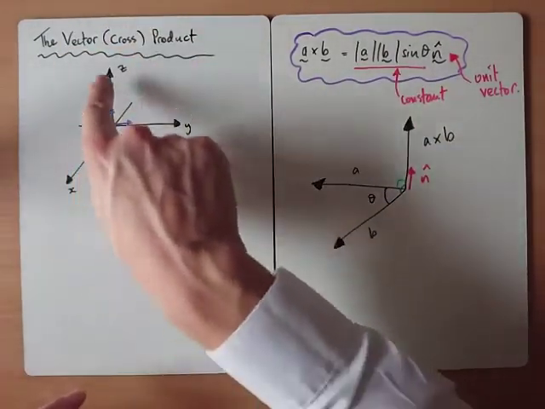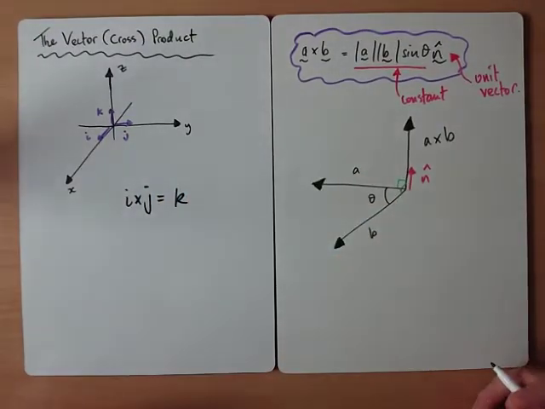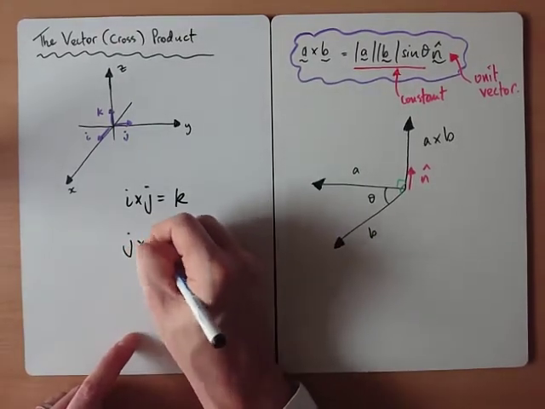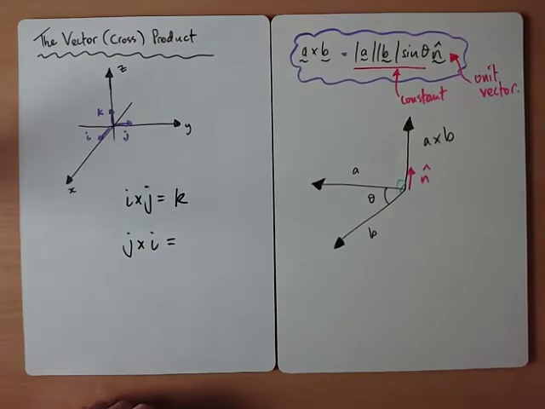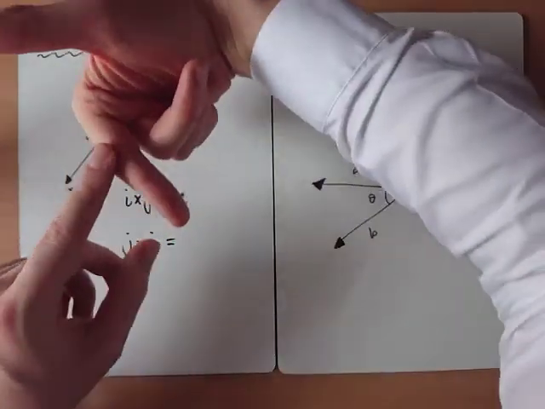So if we use the right hand rule, we can see that the answer would be k. Okay. What happens if we did it the other way around though, if we were going to do j cross i? So now my index finger is j.